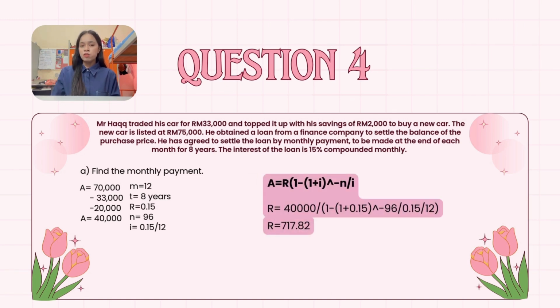We're going to use the loan formula: A equals R bracket 1 minus bracket 1 plus I bracket to the power of negative N, per I. After we fill in the formula, we get 770 ringgit and 82 cents.